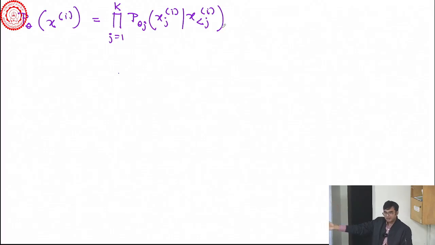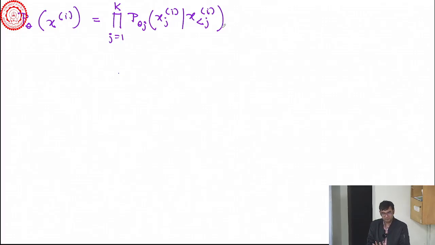This whole product is the same thing I have written: xj given x less than j. Now I am evaluating this only for the ith sample. So on top of the x you see an i sitting there, because this is only happening for the ith sample, not in a generic sense. And with all of this p, you see a theta j, because each conditional is modeled using a different machine learning model. That's why theta has a subscript j.